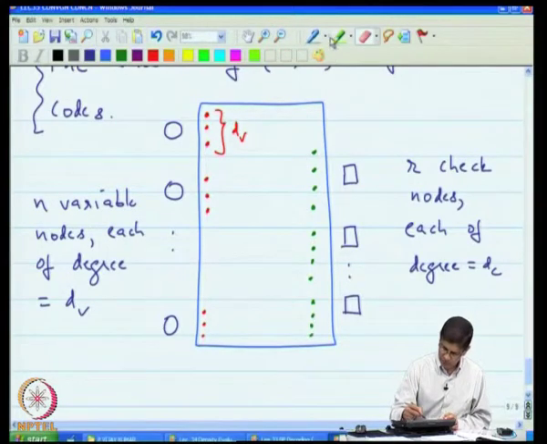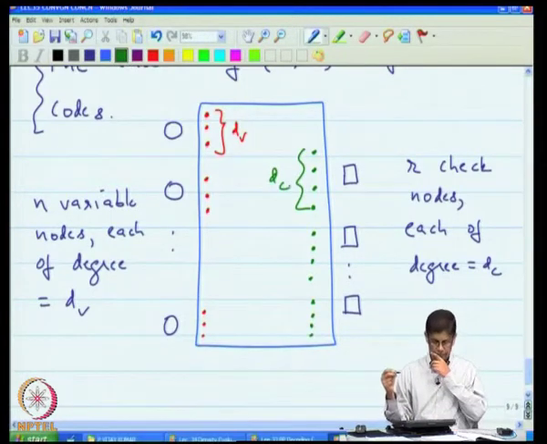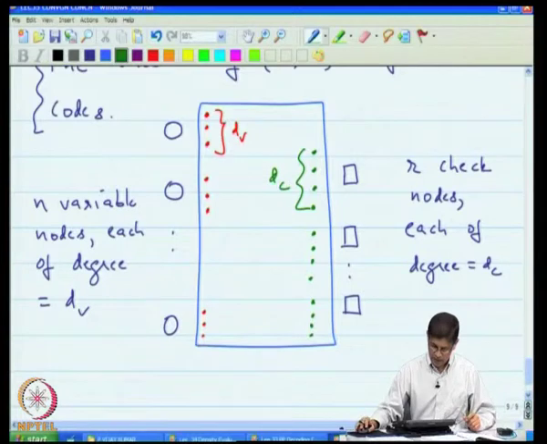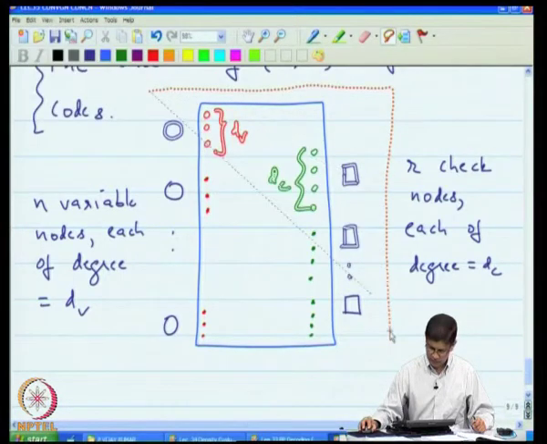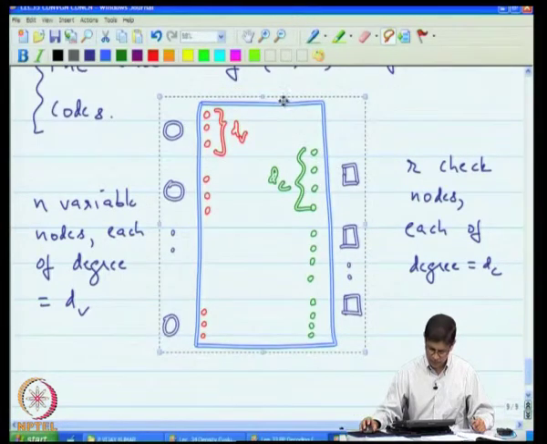So, this number here is dC. Okay. And now, what we mean is that we get this ensemble of dV dC regular graphs. Okay. And let me cut this out and paste it on the next page.